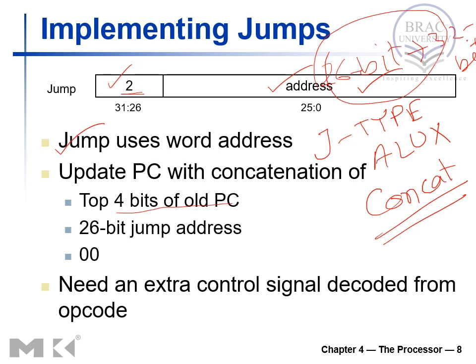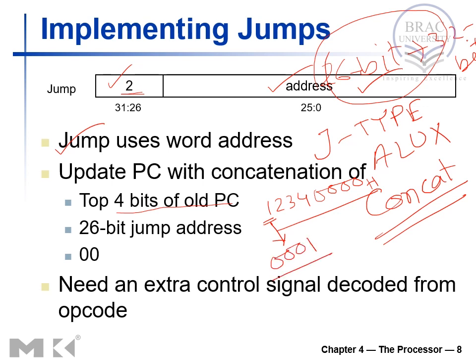For example, if the program counter value is, let's say, in hex 1234 0000, then the top or MSB 4 bits are 0001.